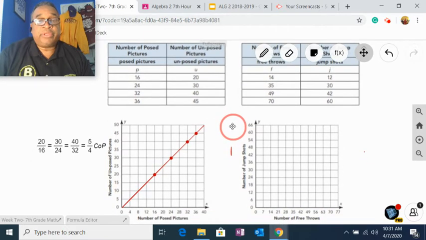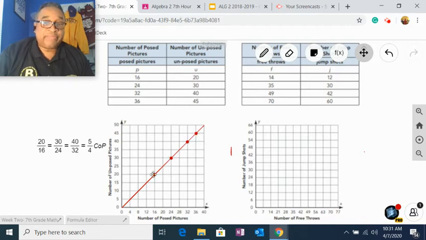Okay. So I plotted the point (16, 20), and then this point here, (24, 30). So we come over here to (24, 30), (32, 40), and (36, 45). I plotted those points, and then I drew the straight line there.